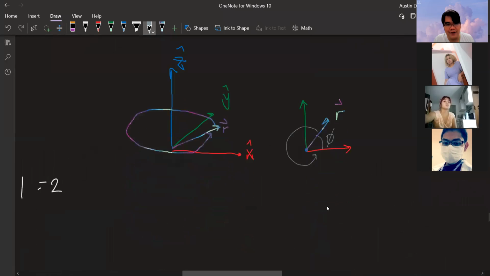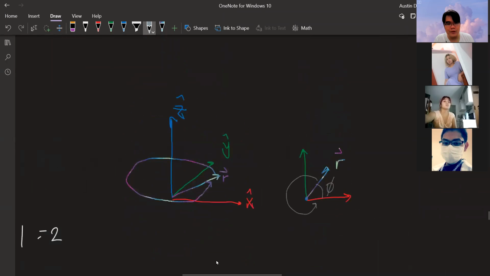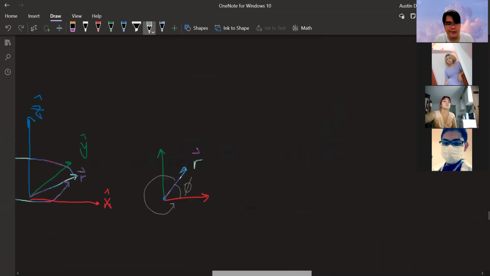Now that we have a ring, mag-ano naman tayo, side view. So gawin natin side view yung x hat and z hat.